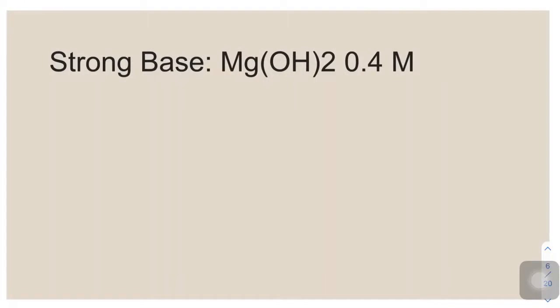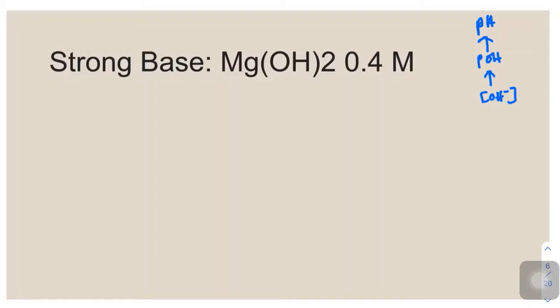What if we have magnesium hydroxide? The subscript is actually important here. For magnesium hydroxide, the same steps apply. For a base, we have to calculate the pOH first, and to get the pOH, we have to know the concentration of the hydroxide ion.